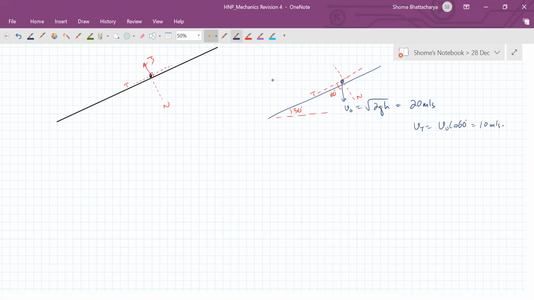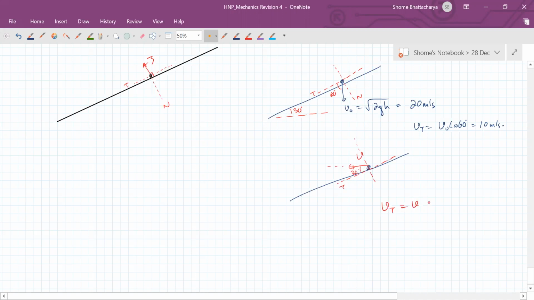Okay. Now immediately after impact, we are seeing that the velocity is horizontal. This is the velocity. And that makes an angle of 30 degrees with the tangential direction. So the tangential component of velocity here should be V cos 30 or root 3 by 2 V. Now this should be conserved.